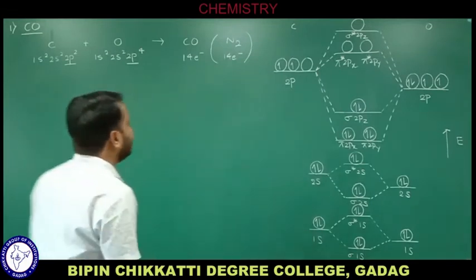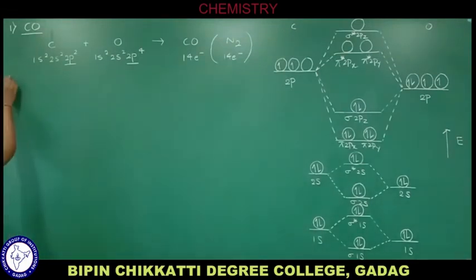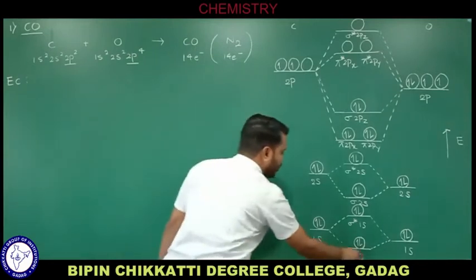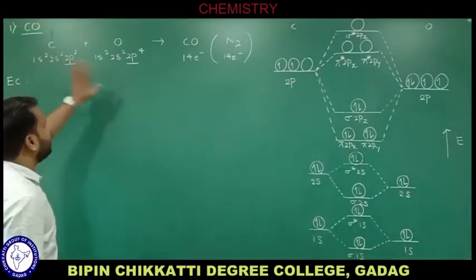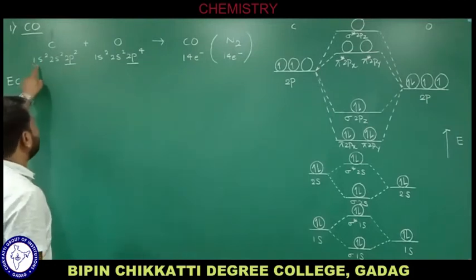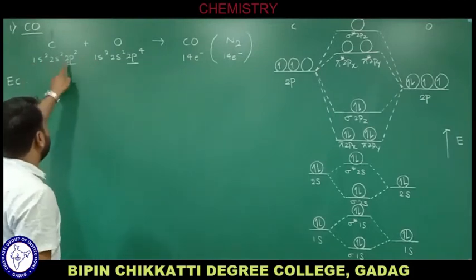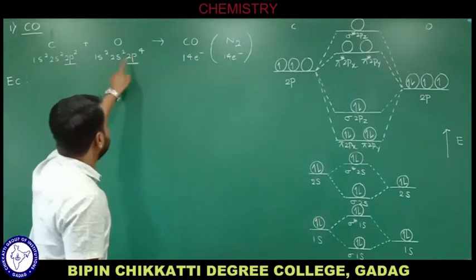Now we will write the electronic configuration of carbon monoxide. As I said, you can write sigma 1s2, sigma star 1s2, or since the K shell is completely filled, principal quantum number is 1, and the next principal quantum number is 2.